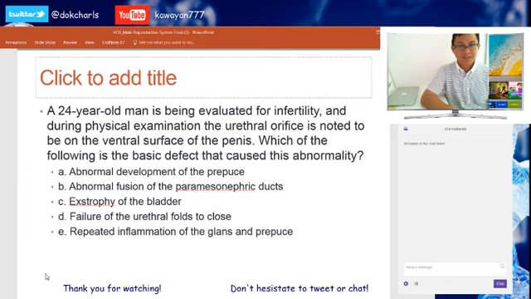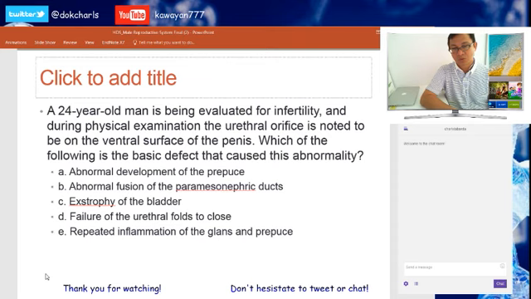So, what is the basic defect that causes this abnormality? You have an abnormal location for the urethral orifice through which your urine exits from the body. Instead of being in its normal position, it's on the ventral surface of the penis.